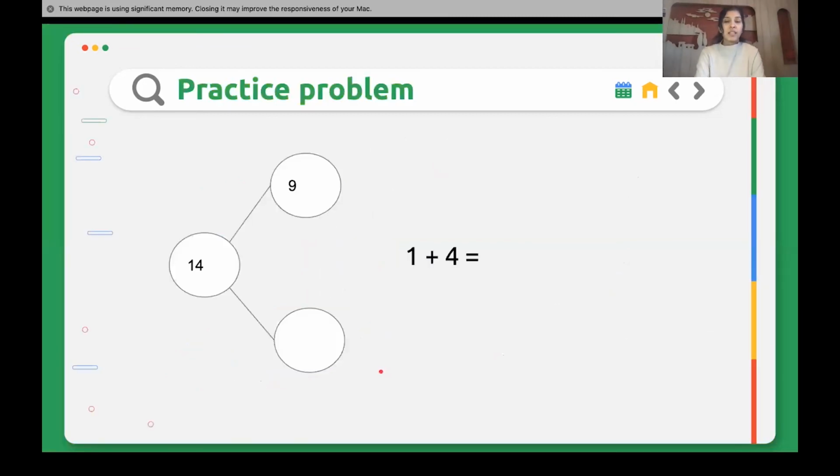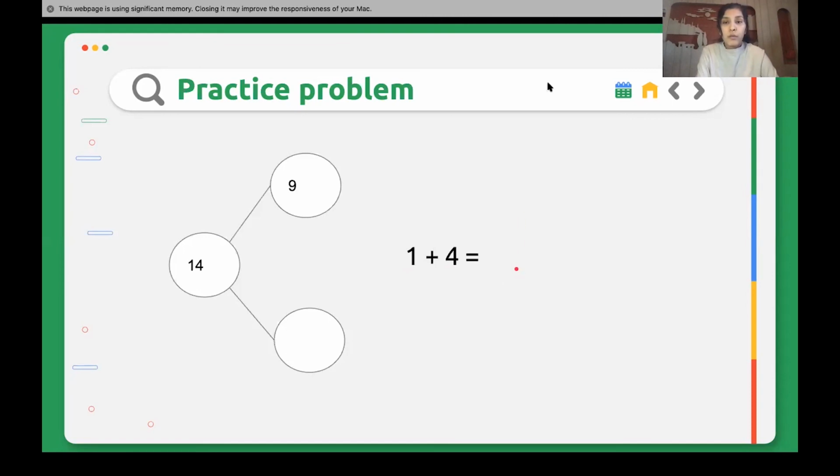Okay, let's do this one. This one is just the number bond, and I have a little equation on the side to help you solve them faster. So you don't have to draw or write anything down. This one I want you to follow along with me so that way we can get it together. So right here I have 1 plus 4 equals.